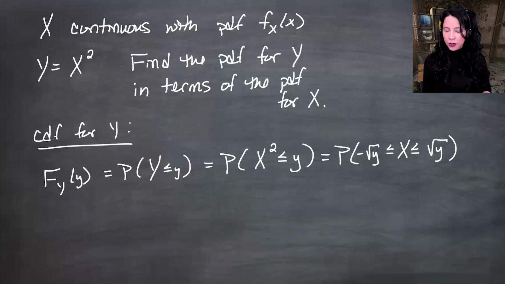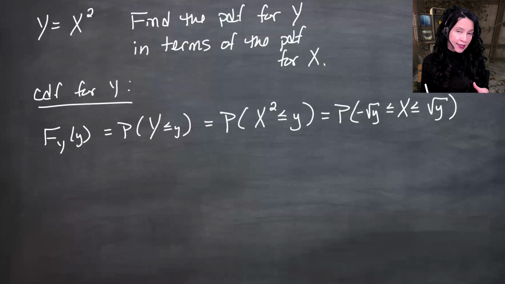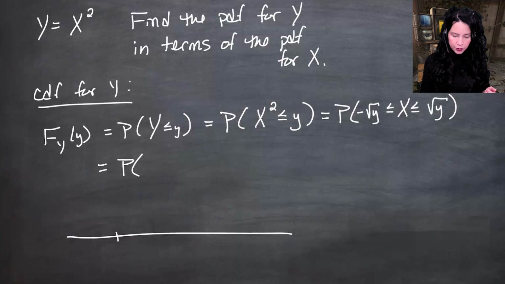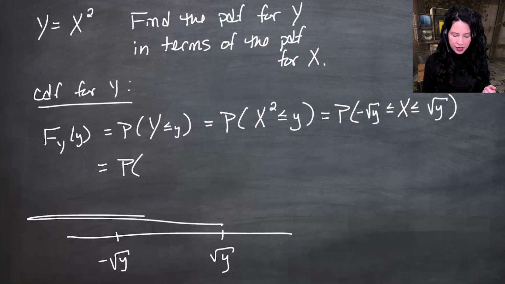Now I want to write this in terms of the CDF for x, and then take derivatives to ultimately get the PDF for y. Note that I want the probability that I'm between these two numbers. So I want the probability I'm down here, and then I want to take away the probability I'm down here.